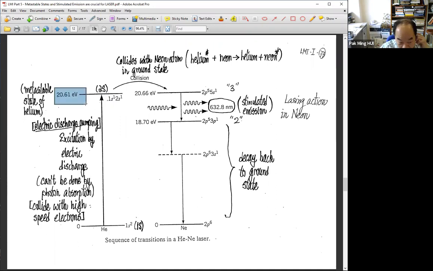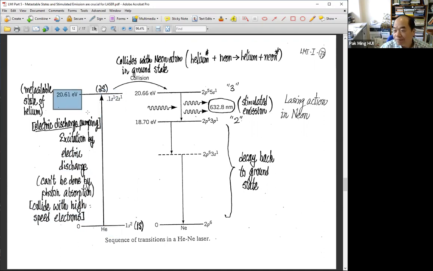Okay, and that is a lovely energy. So one can use many methods, electric discharge, or collide it with electrons so as to excite the helium atom to this particular state.